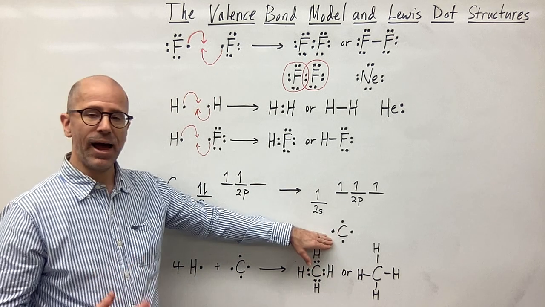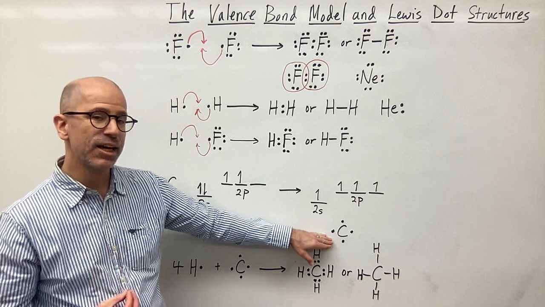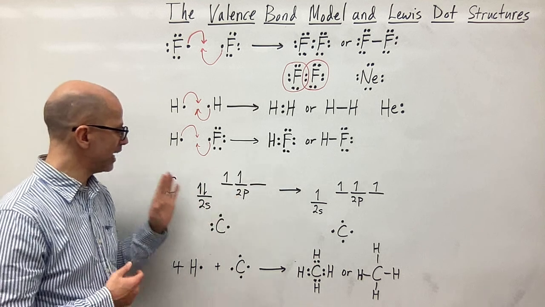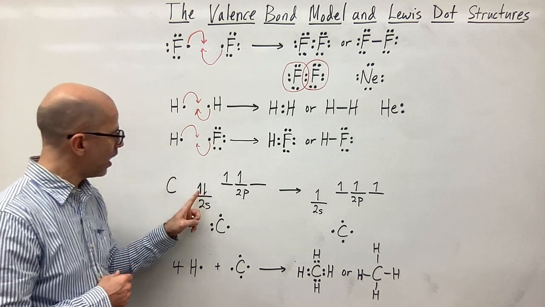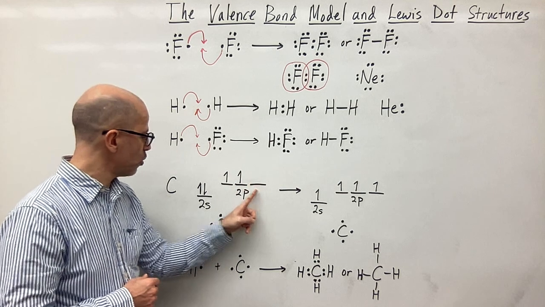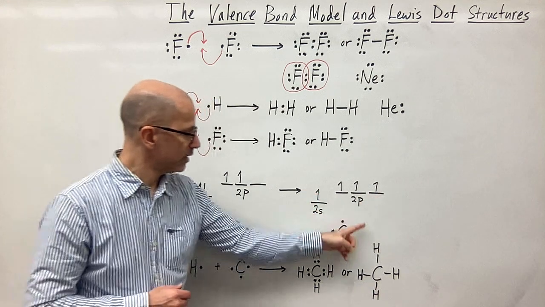So carbon actually exists or bonds as if it had 4 unpaired electrons. So instead of having this structure, it's as if one of the electrons here maybe went up to the 2p orbital, giving you 4 unpaired electrons like the symbol.